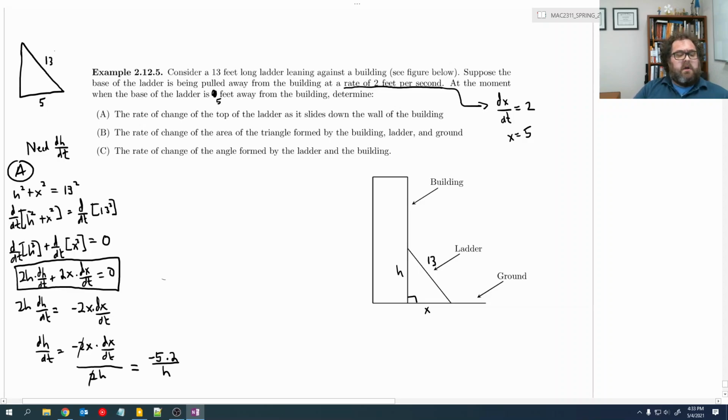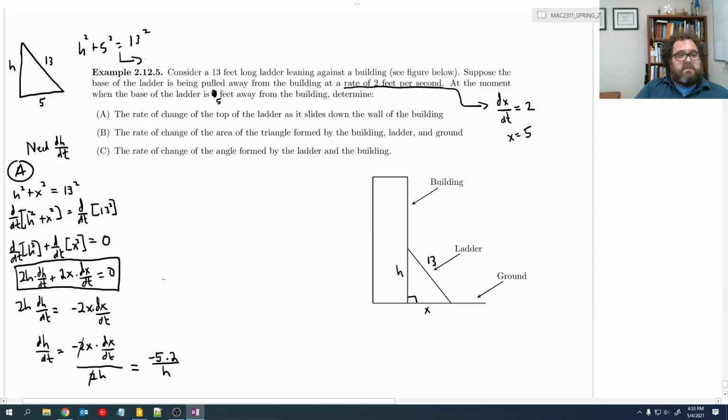That doesn't change. But we can use the Pythagorean theorem to find the specific value of h. So h squared plus 5 squared equals 13 squared.